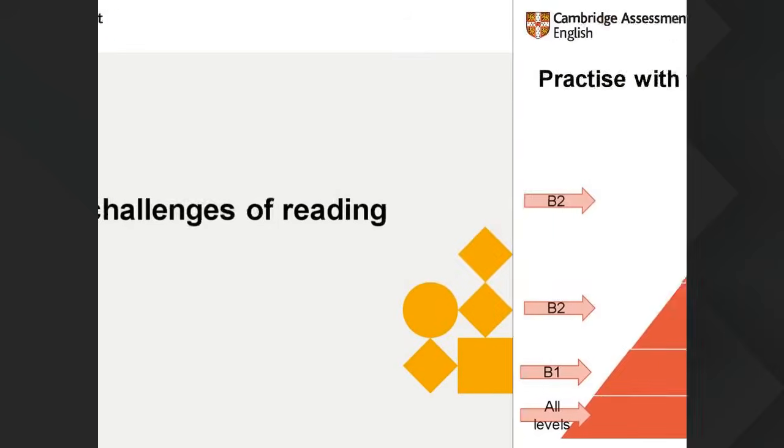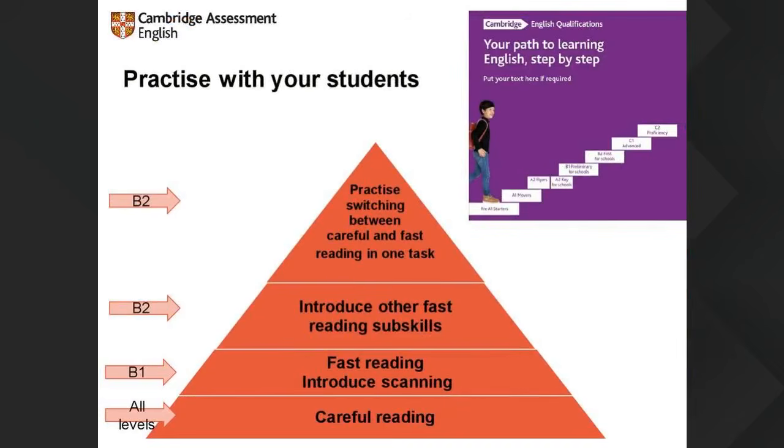So the skills and the challenges from A all the way up to B2, Victoria? Yeah, it is true that careful reading is maybe introduced at the lower levels because it's maybe the least demanding, but it is always needed.